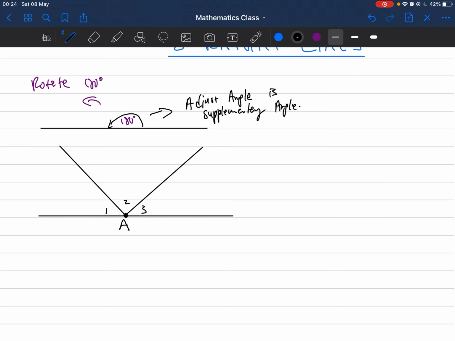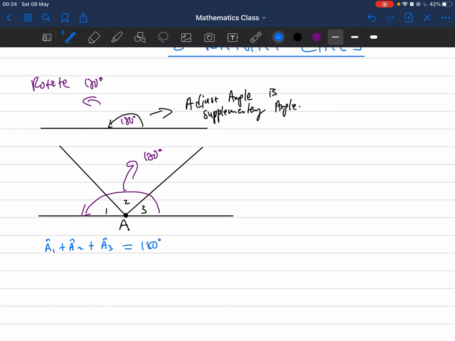So this angle is supplementary, meaning that this whole thing is 180 degrees. So what does this really mean? It means that angle A1 plus angle A2 plus angle A3 is equal to 180 degrees.